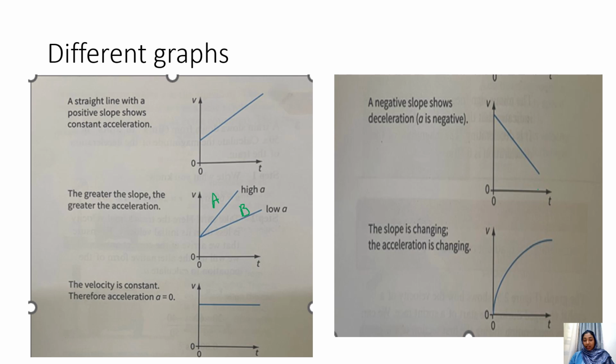And in the last graph, you can see the slope is changing. That means the curved graph indicates the acceleration is changing. That represents non-uniform acceleration.